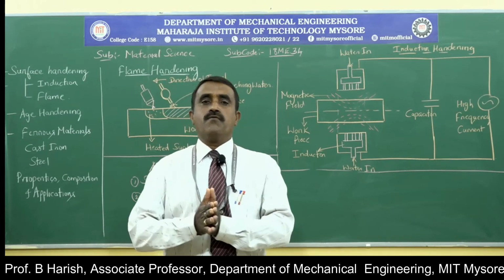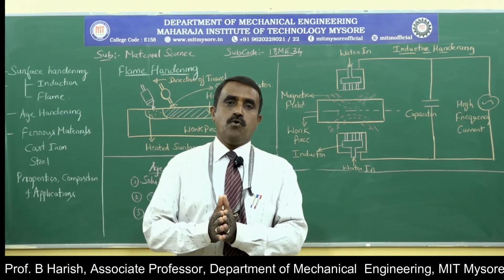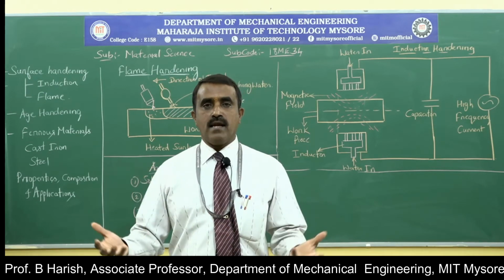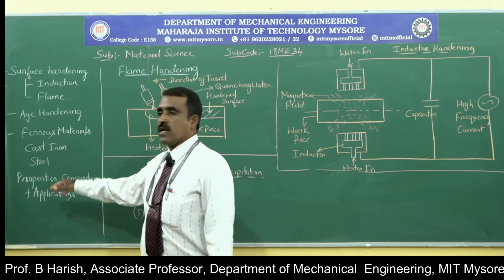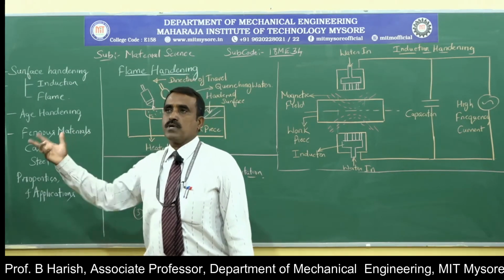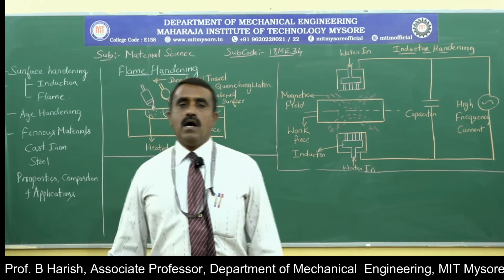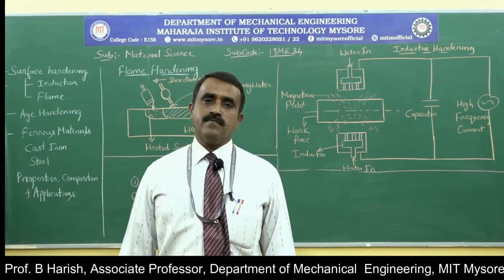Next, we will discuss ferrous metals, under the classification of metals. In case of ferrous metals, we will discuss two types, that is cast iron and steel. Under cast iron, we will discuss different types of cast iron.